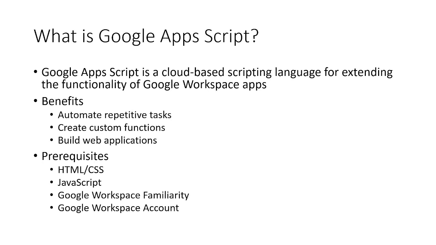So first of all, what is Google Apps Script? GAS, or Google Apps Script, is a cloud-based scripting language for extending the functionality of Google Workspace apps. First of all, we are going to take notice it is cloud-based. Therefore, all of the resources will be in the cloud.